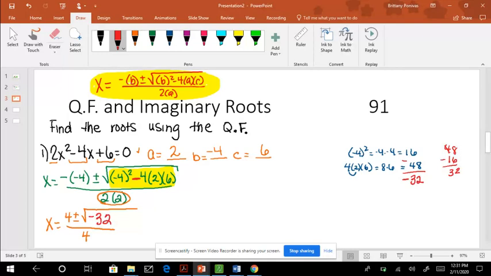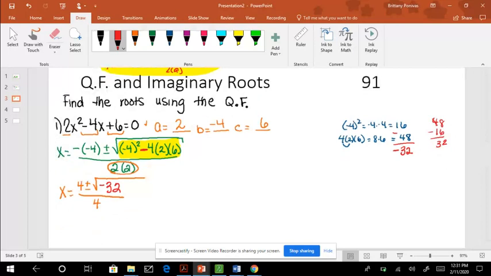Now you have to break down the radical. So again, off to the side somewhere, we're going to have to tree 32. So negative 32, the negative and I will come out front automatically. 32 is 2 and 16. 16 is 4 and 4. You're looking to circle in pairs.